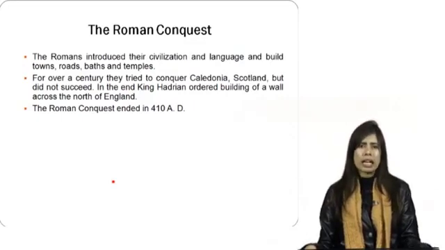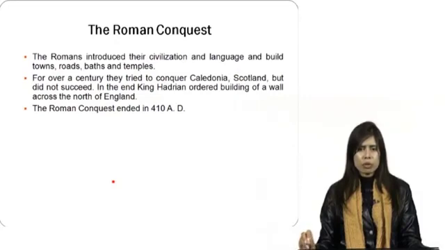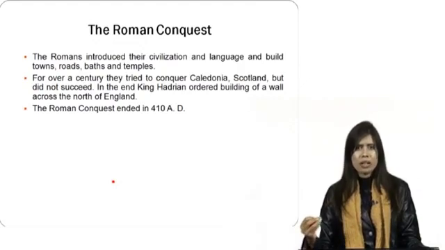So here you can see that the Celtic speaking tribes were not modern as such. For over a century they tried to conquer Caledonia, Scotland, but did not succeed. So this is a fight that comprised over a century. They fought against Scotland and Caledonia for about 100 years, but they could not get success.